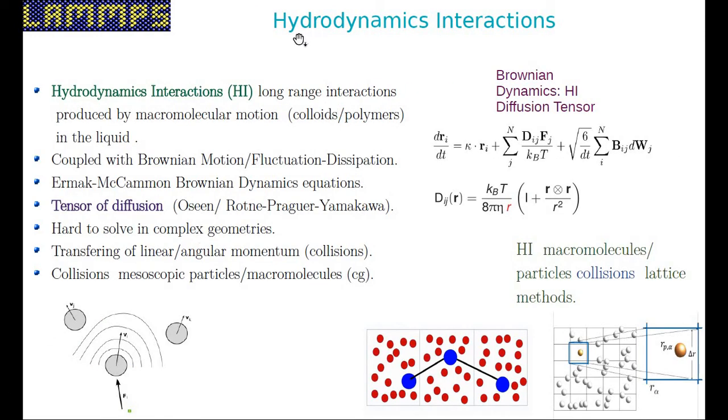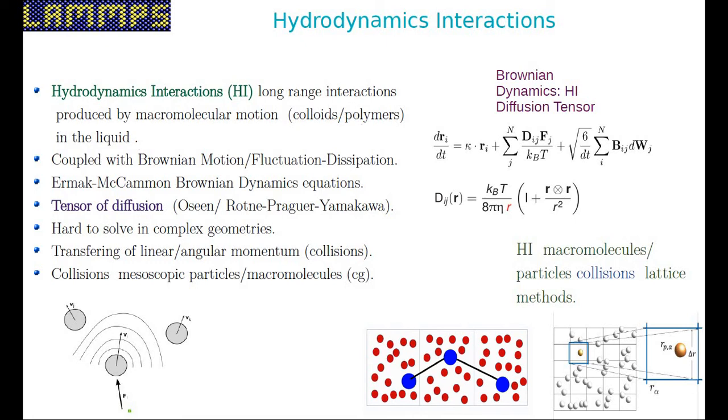Right. Now another important factor in the mesoscopic systems of fluids is the hydrodynamic interactions. The hydrodynamic interactions are long-range interactions produced by macromolecular motion. This macromolecular motion occurs in the liquid.